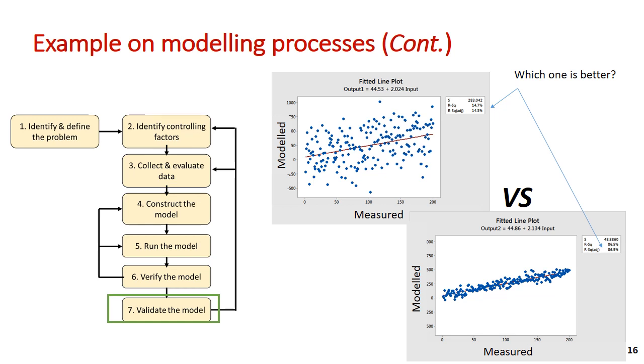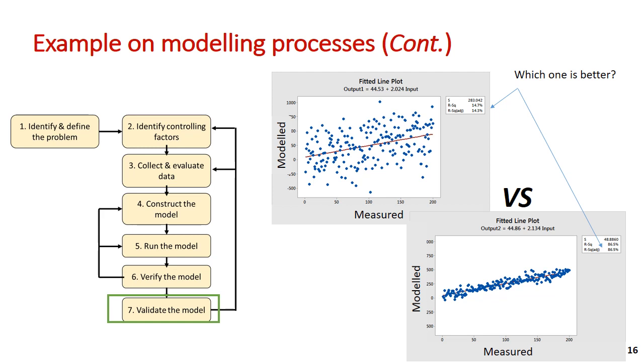For example, if you look at these two charts, the top one and the bottom one, which one is better? You would look at the R square, and see that the one which is closer to 1, now they present it in percentage, which means the one closer to 100 should be the best, right?